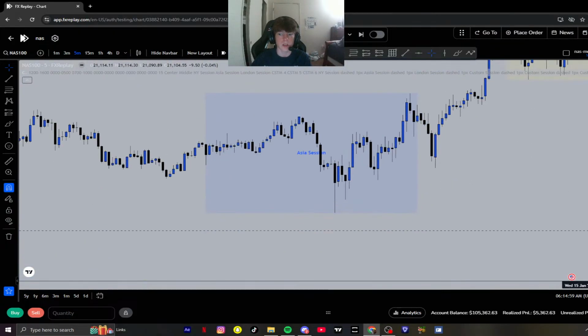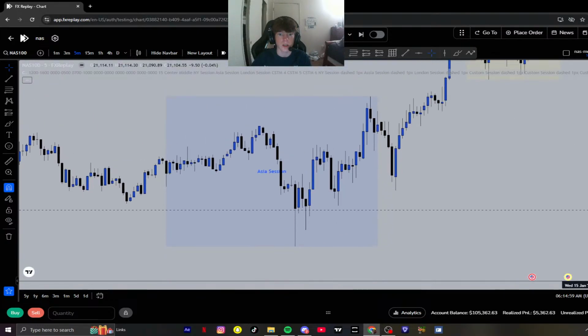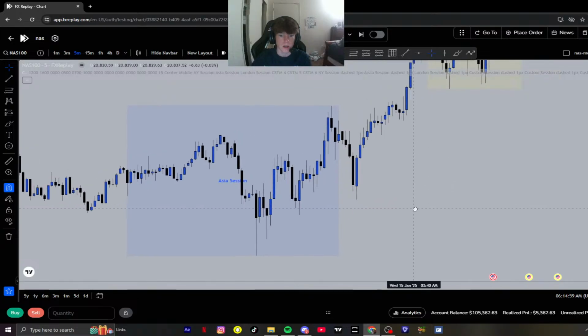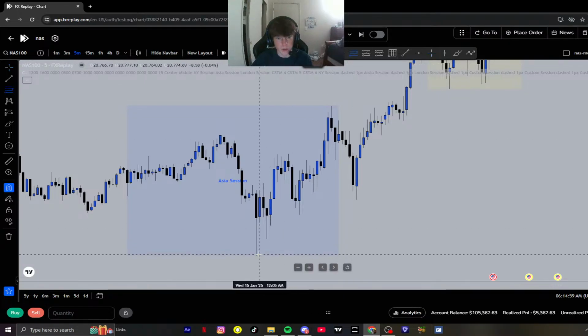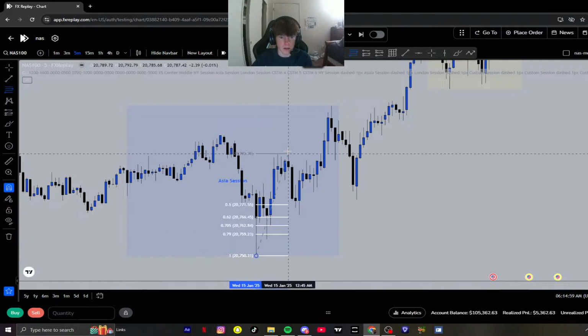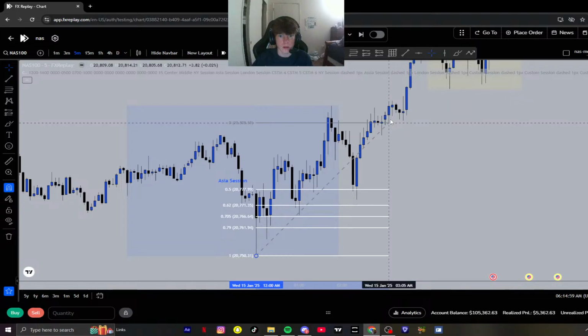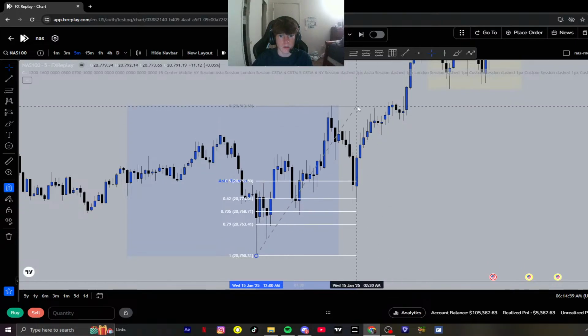Or it'll go into OTE, known as the optimal trade entry, right? And that's like the most premium entry you can get. So, for example, this low to this high, price almost taps into that 0.62, but if you go to this one, price taps into this 0.705.